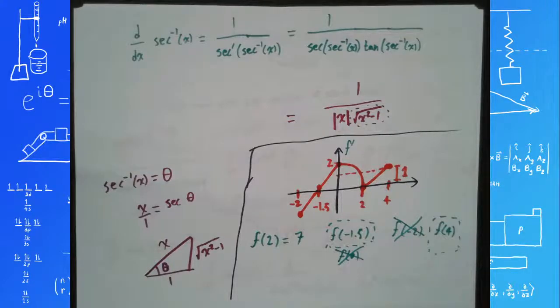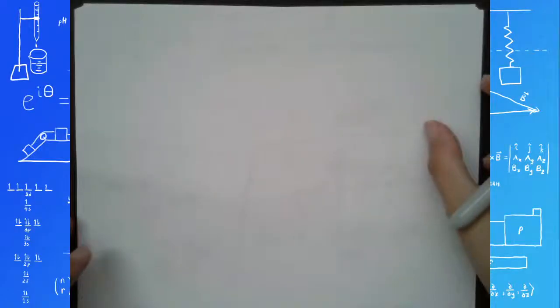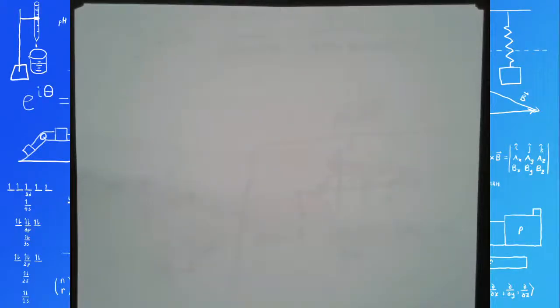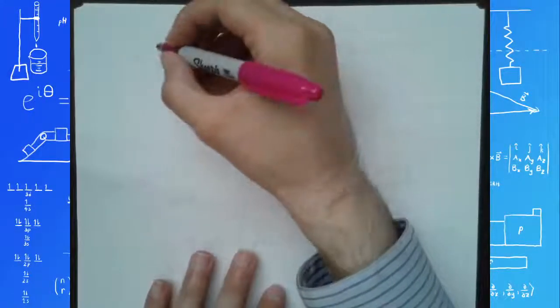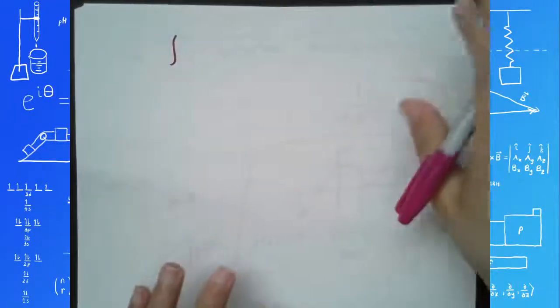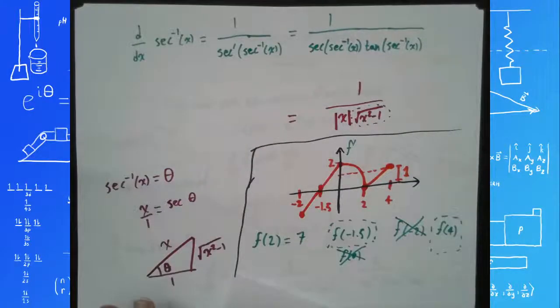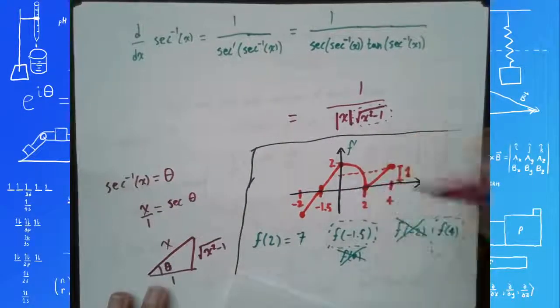I'll do one of each. Let's do f of negative 1.5 first, using the fundamental theorem of calculus. Let's see how I would go about calculating it.